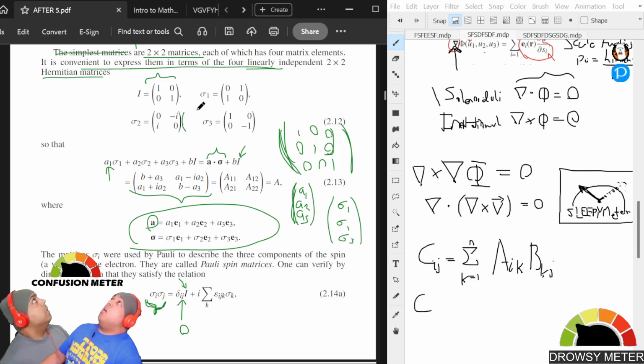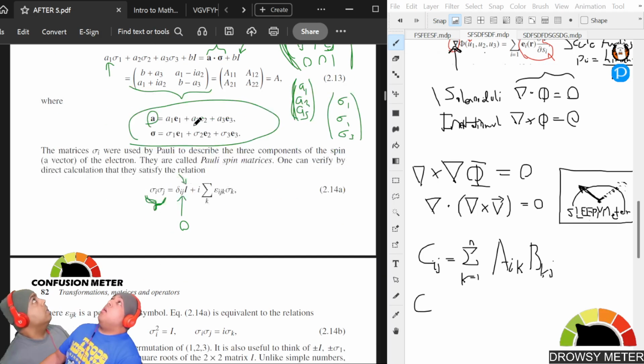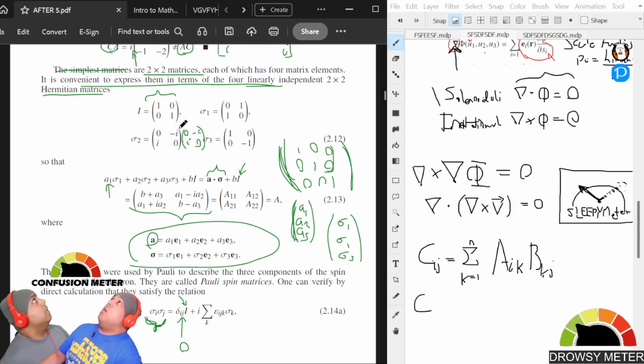So what you're saying is if I square this, I should get the identity. 0 times I, 0 times I times 0. 0 minus 1 minus I squared. I squared is minus 1, minus minus 1 is 1. Okay, yeah.